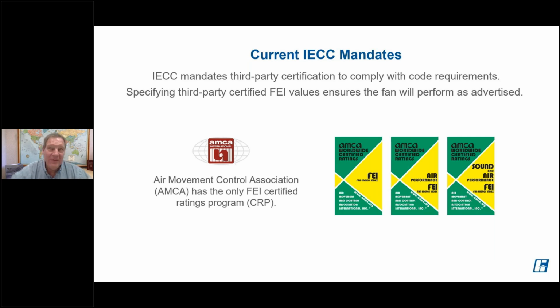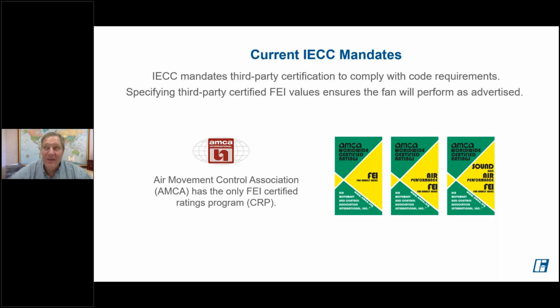Once we've done that, AMCA has a follow-up program where every 3 years, for family fans that are in the program, they will randomly select another fan for us to build and send to AMCA, and it has to continue to comply. So, for example, the first time around they tested a 36-inch fan. 3 years go by, next time they might call for a 24-inch fan or a 42-inch fan or a 72-inch fan.